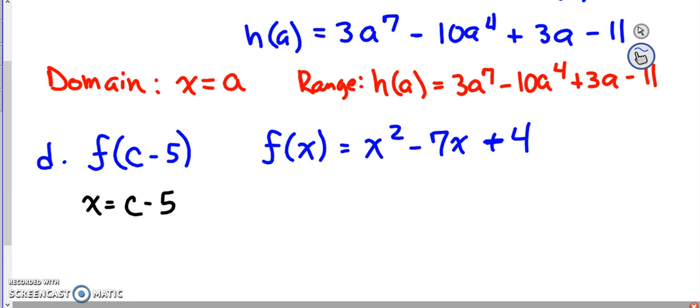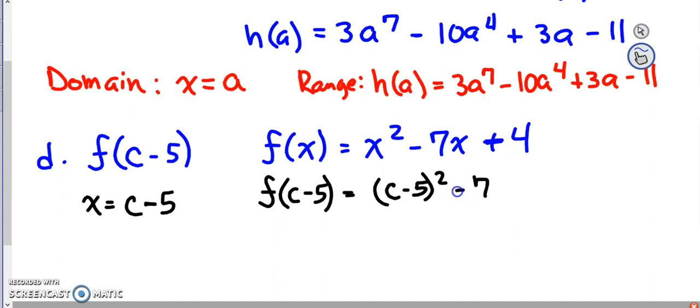And why do we say that? Because whenever we see x over here, we're going to put c minus 5 in that spot. So that's what x equals in this function. So when we put it in, we're talking about a binomial. So here, a binomial is going to be squared. So that means we have to do some type of FOIL or box method or whatever you learned.